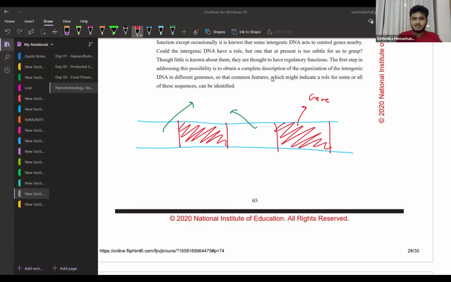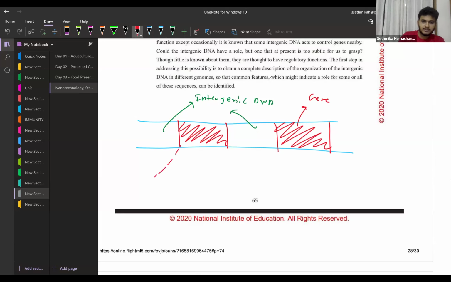Right? You have something called intergenic DNA. Intergenic DNA. Then within a gene, when you consider inside a gene, right?